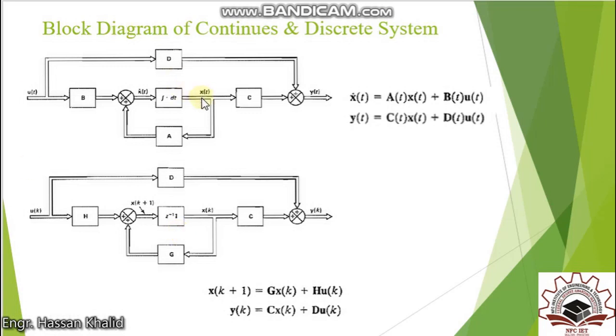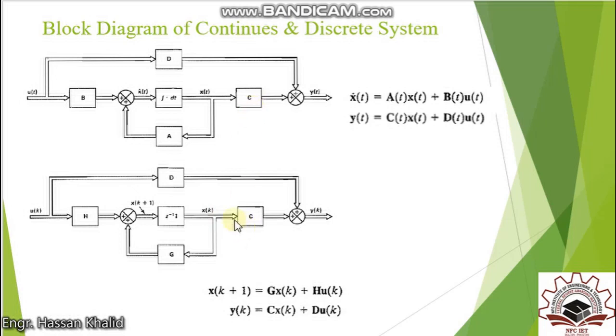The output state in the continuous system is once again x of t, whereas the output state in the discrete system is x of k. Both systems have some common boxes, like the C vector, which is the same in both of them.